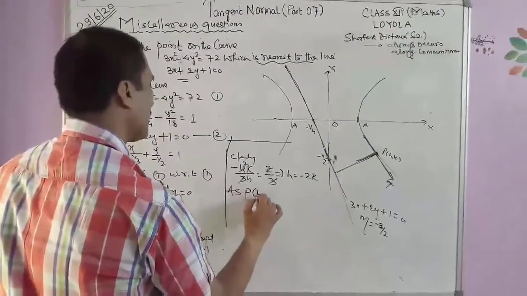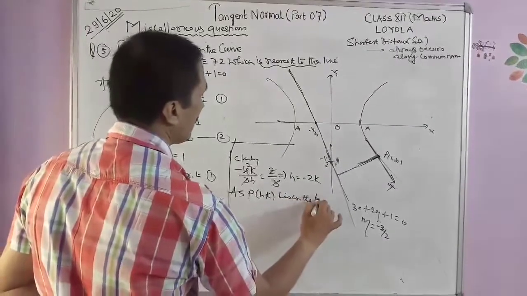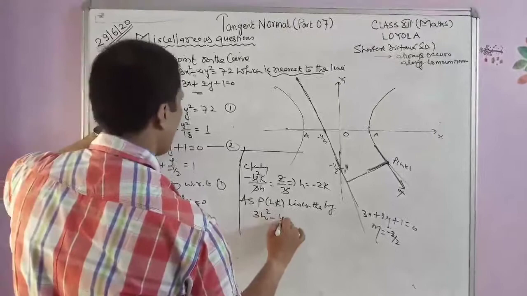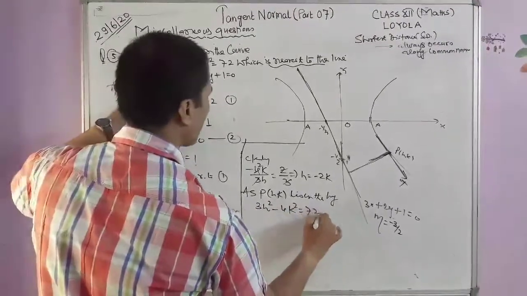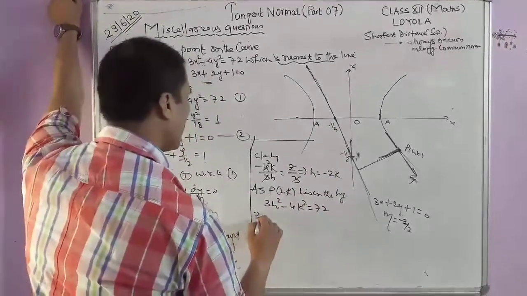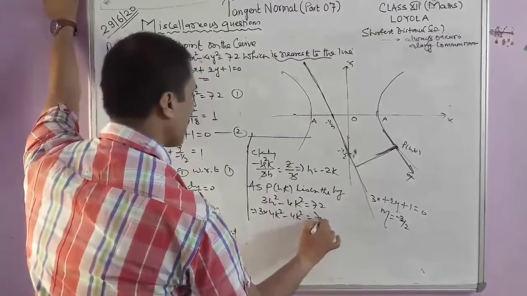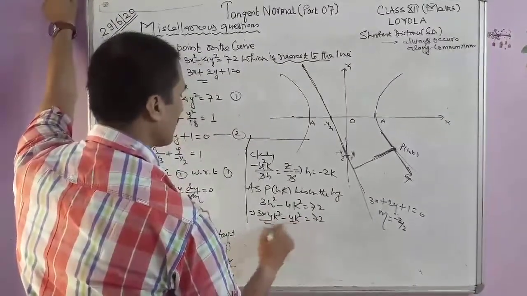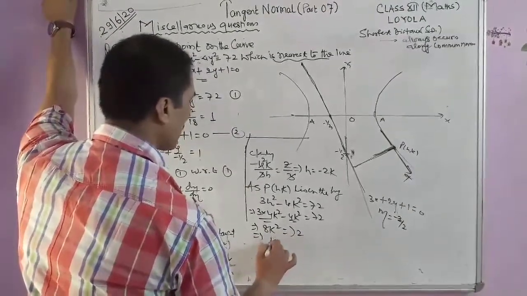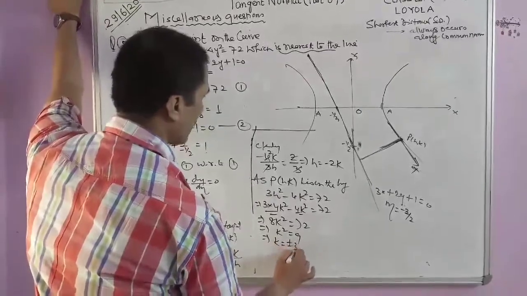Now as P(h, k) lies on the hyperbola, 3h square minus 4k square equals 72. Here 3 into 4k square minus 4k square equals 72, so 12 minus 4 is 8k square equals 72, k square equal to 9 and k equal to plus minus 3.